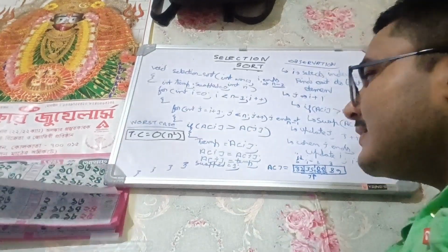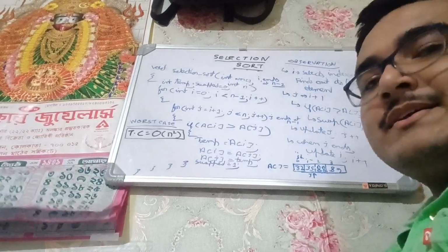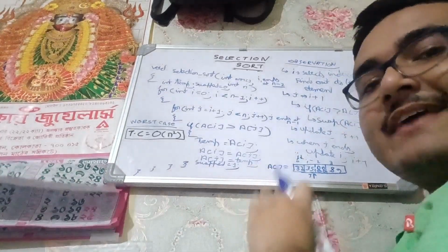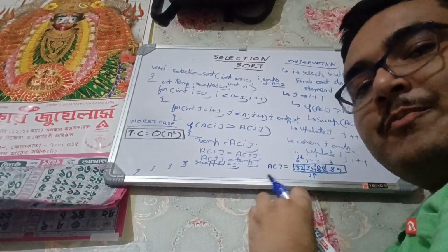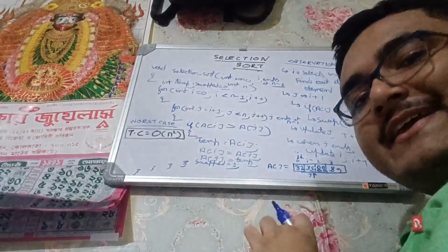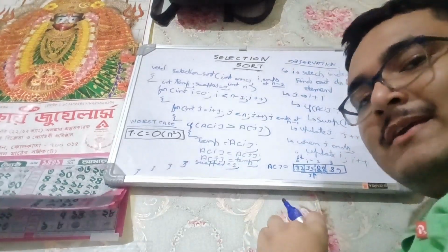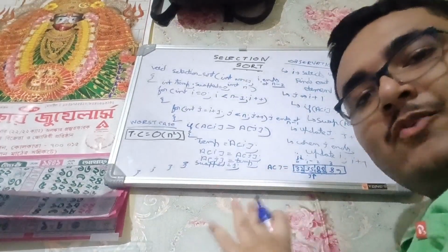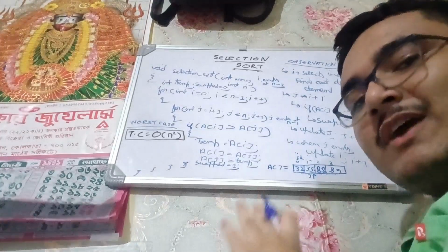If the array is not arranged properly, swapping will be required at some point or the other.